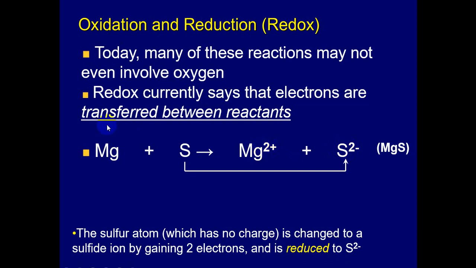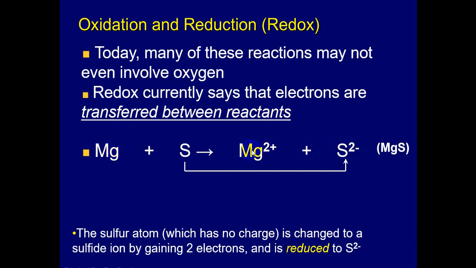Then sulfur will lose these 2 electrons and become what? Sulfur. So sulfur, by losing its electrons, becomes oxidized. The magnesium that forced sulfur and collected back its own electrons becomes reduced.